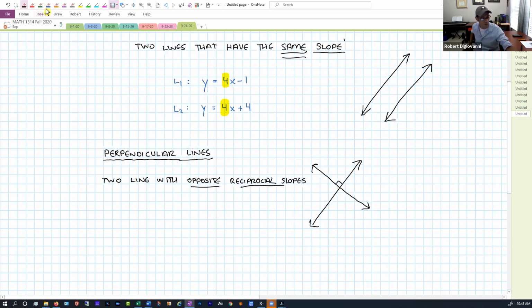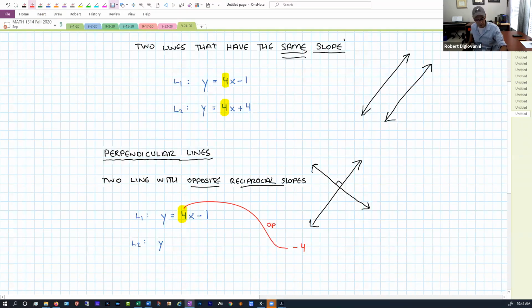I'm going to give you an example. So let's say we have L1, we have a line, and let's say that line is y = 4x - 1. Okay, so the slope here is 4. For the other line to be perpendicular, we have to take this 4. We have to take the opposite of it, which is -4.